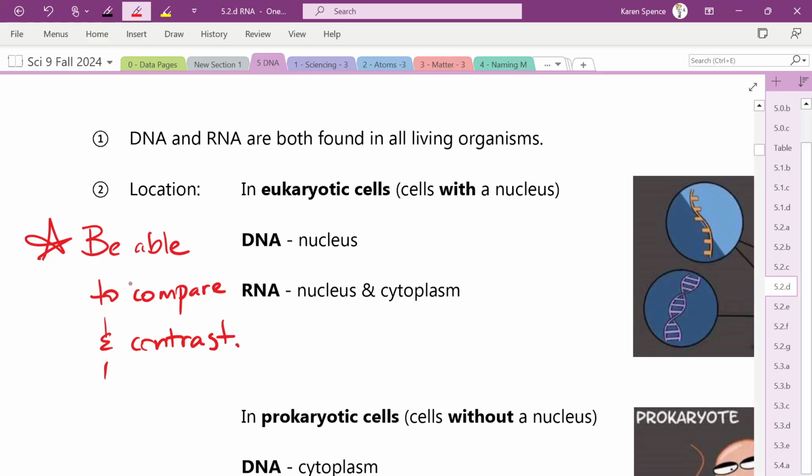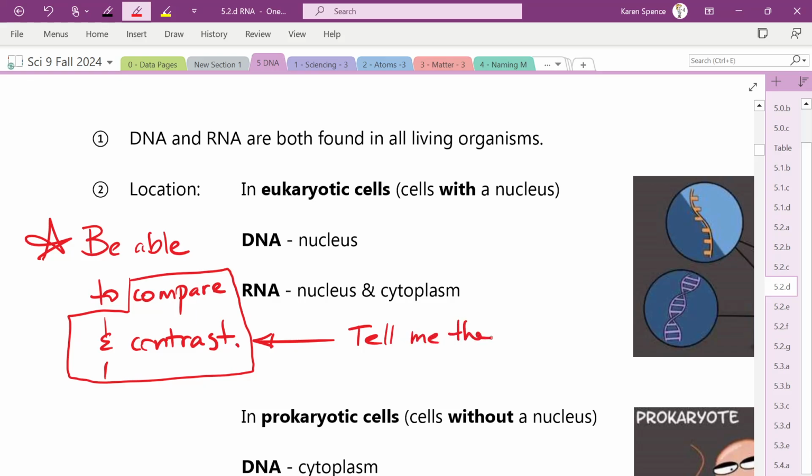So compare and contrast is something that you have to do in many classes, but very often in science. Compare and contrast means tell me the things that are the same and tell me the things that are different.